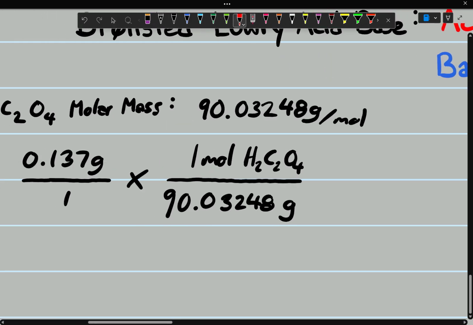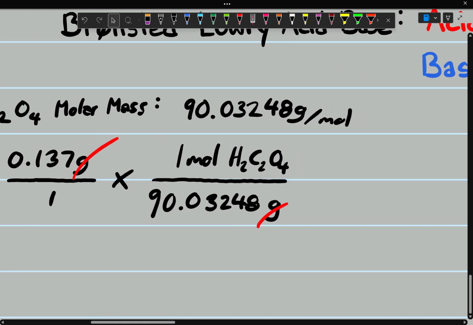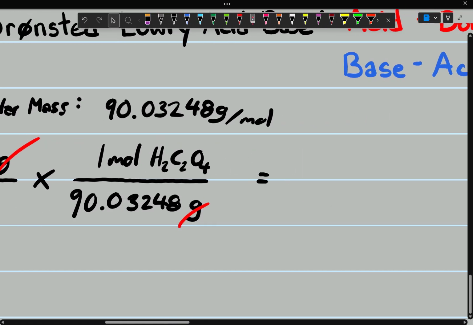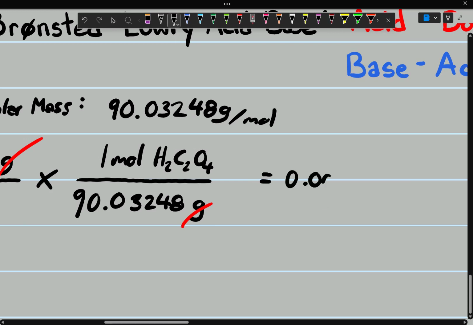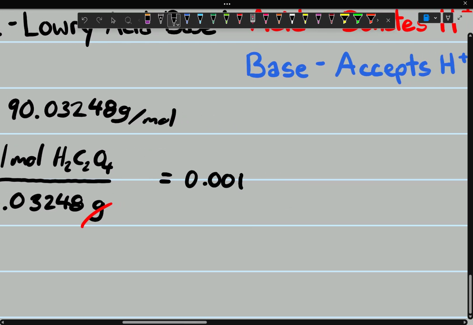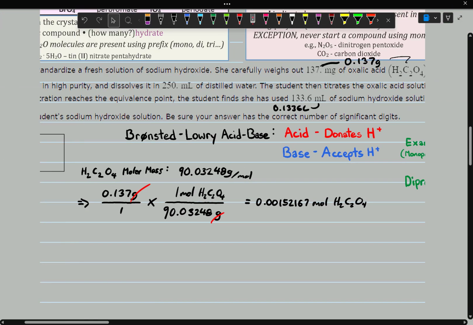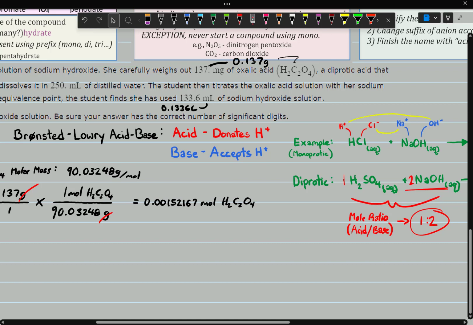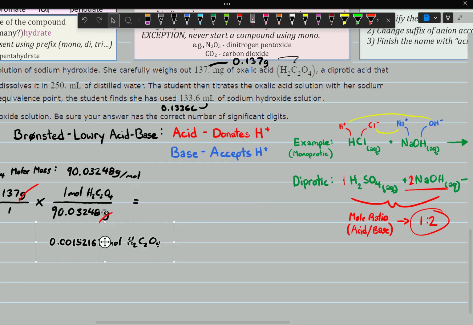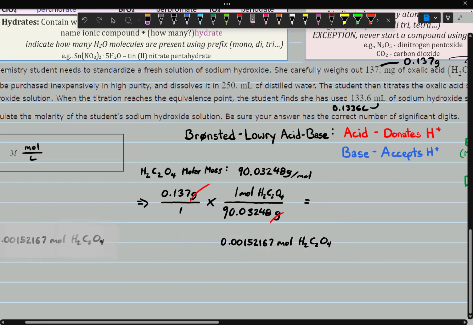And as we've done many times before, the grams will cancel, and you will be left with 0.00152167 moles of H2C2O4. So I'm just going to take this value and move it down here for more room.